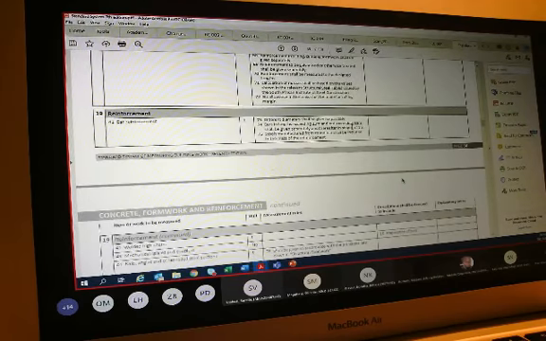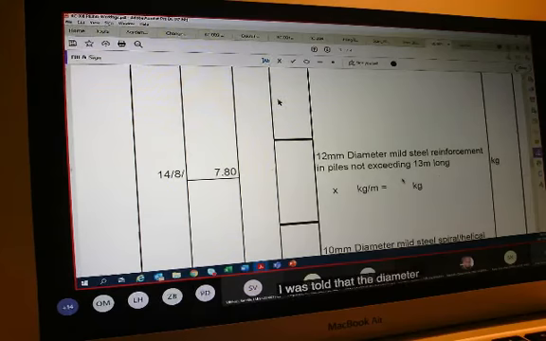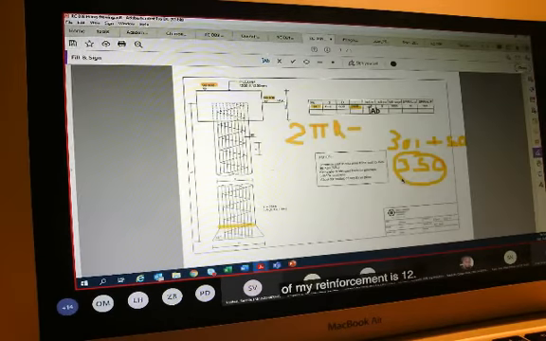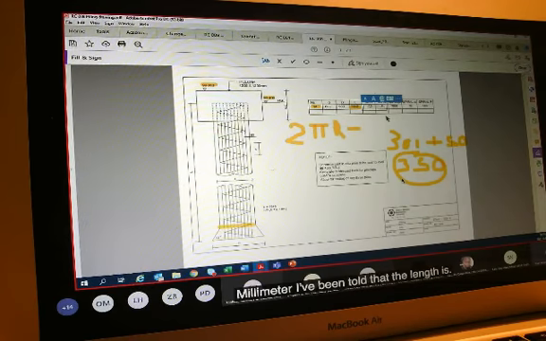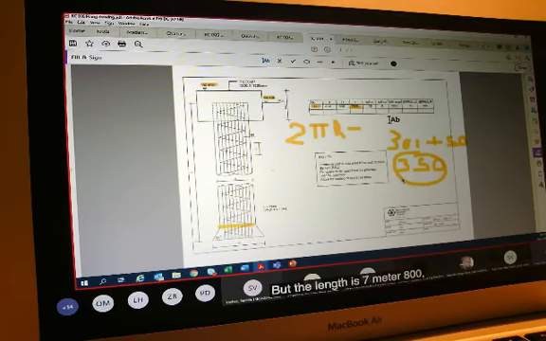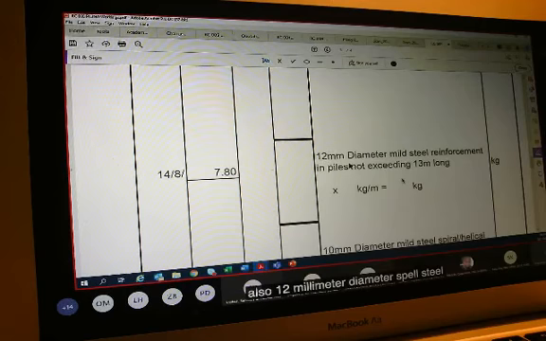Bars in lengths not exceeding 13 meters and not exceeding 18 meters shall be given separately, thereafter in stages of 1 meter. So what does that mean? It means we start by measuring our steel reinforcement not exceeding 13 meters, and thereafter exceeding 13, not exceeding 18, and thereafter exceeding 18, not exceeding 19. That is our increments of 1 meter after 18 meters.